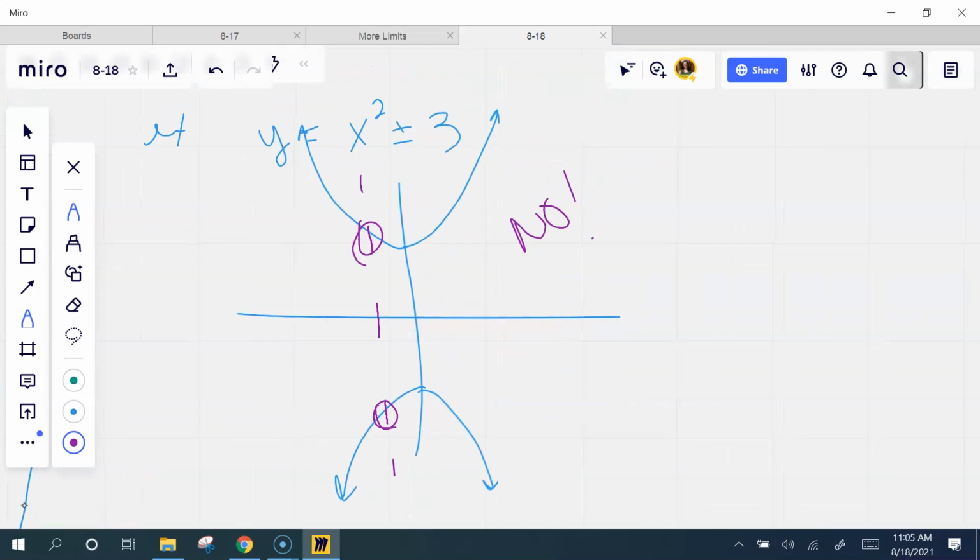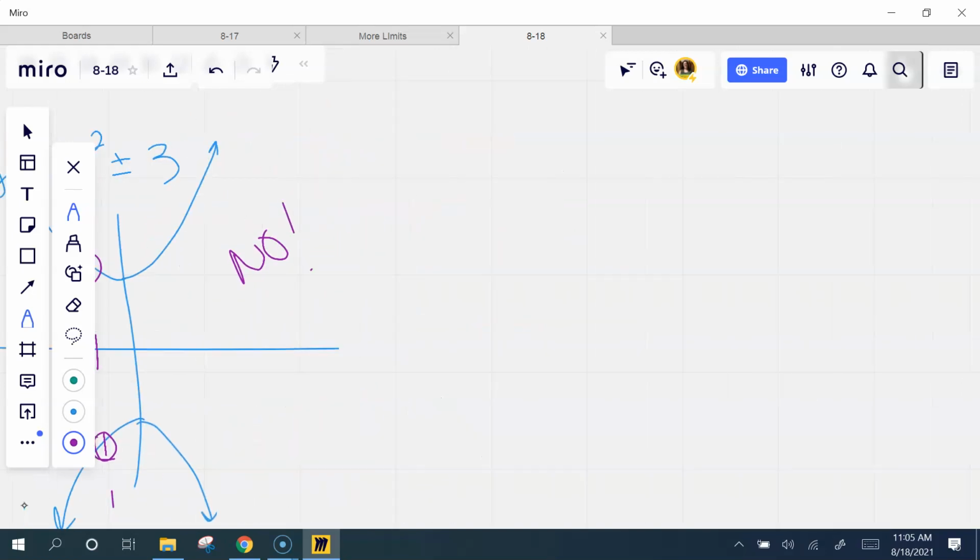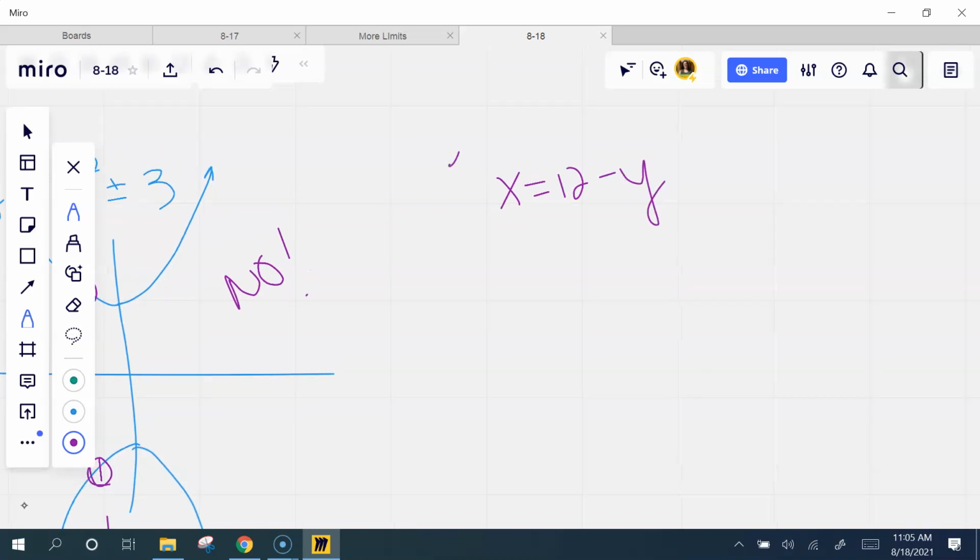How about, is y a function of x? Yes or no?